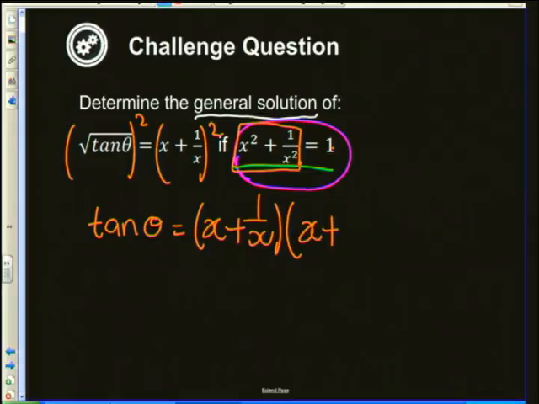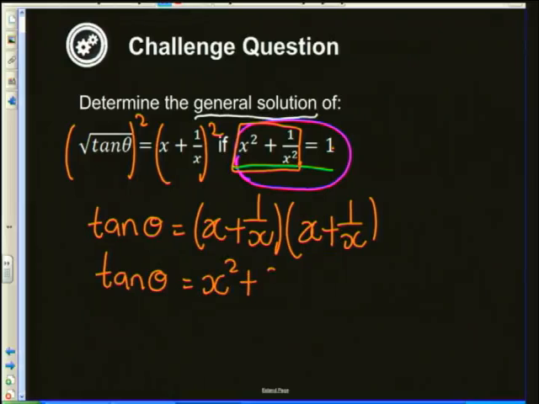X plus 1 over x. So it means that tan theta is equal to, let's fold this out, x squared plus x over x plus x over x plus 1 over x squared.